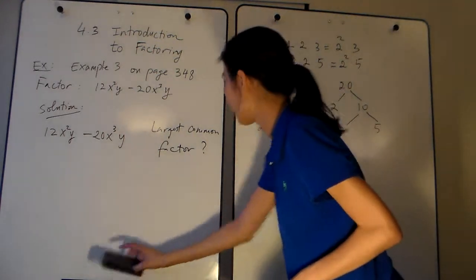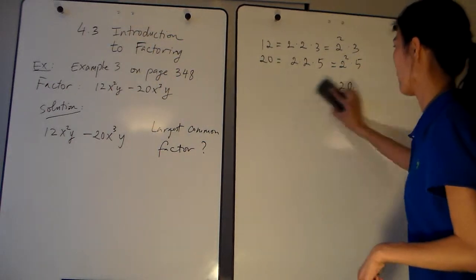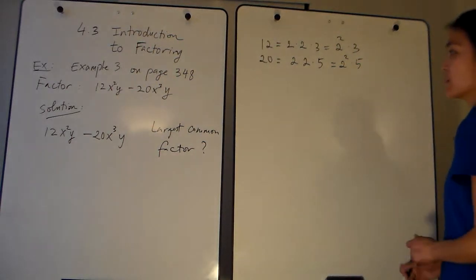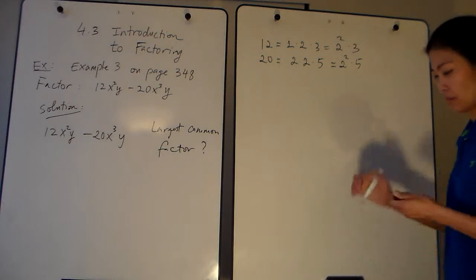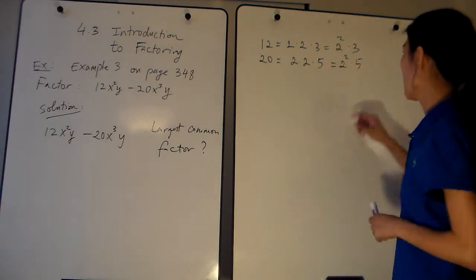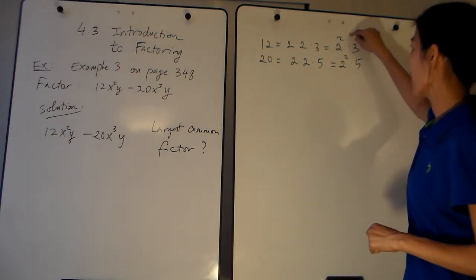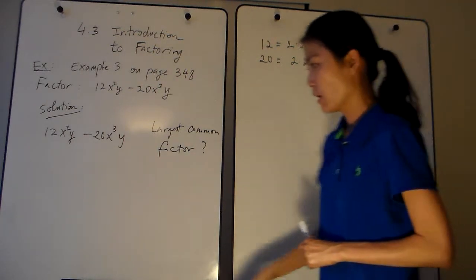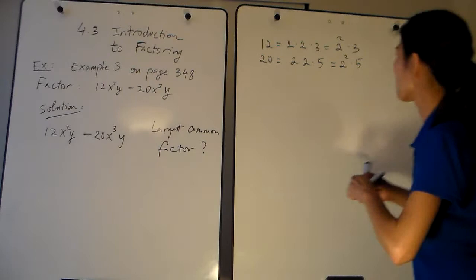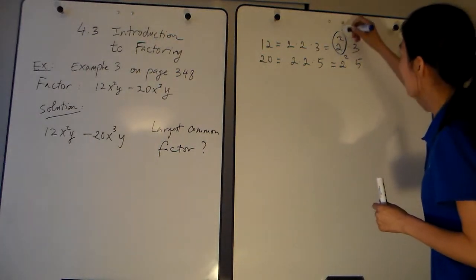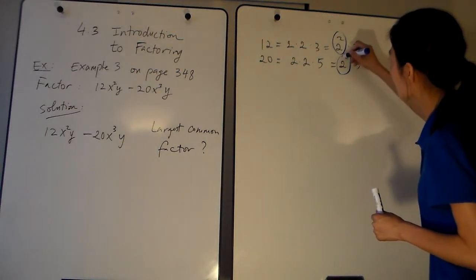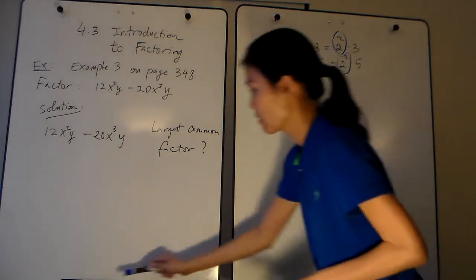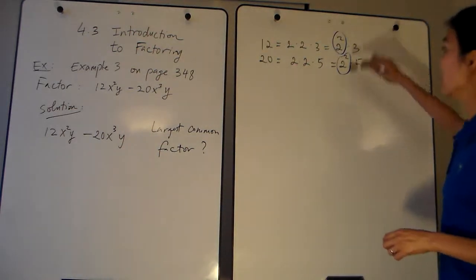Now the question is, what is the largest common factor? For 12, it had 2 squared times 3. For 20, it's 2 squared times 5. It looks like the largest common factor is the 2 squared right here, because that's the most that both have.